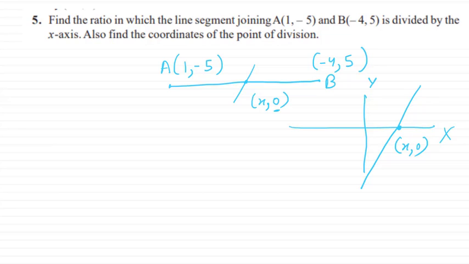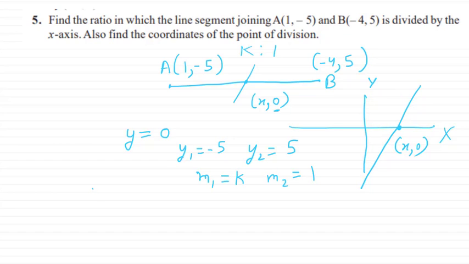Here you have the y coordinate but you don't have the x coordinate. So what we need to do is find out the ratio and also this point. To find the ratio, let's say y is 0, and now we will use the same formula. y1 is given as -5, y2 is given as 5, and m1 is k and m2 is 1.